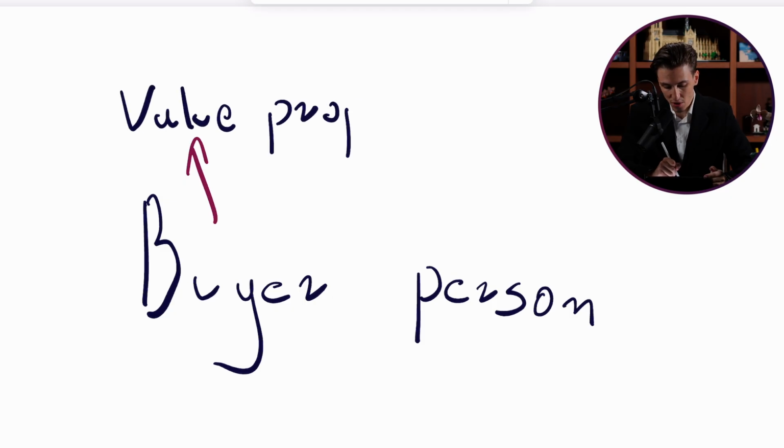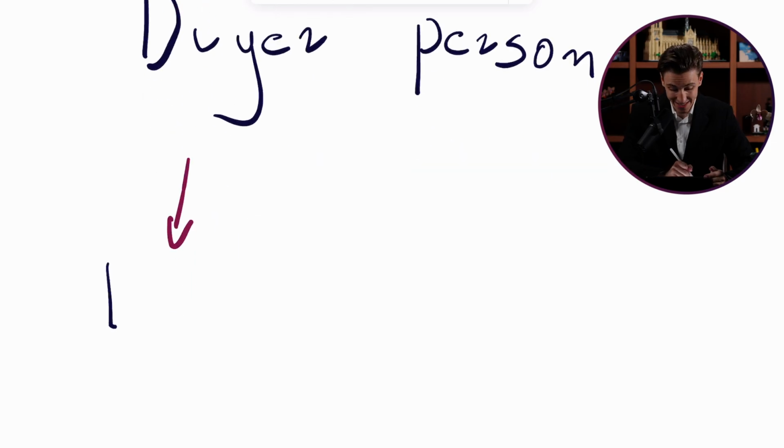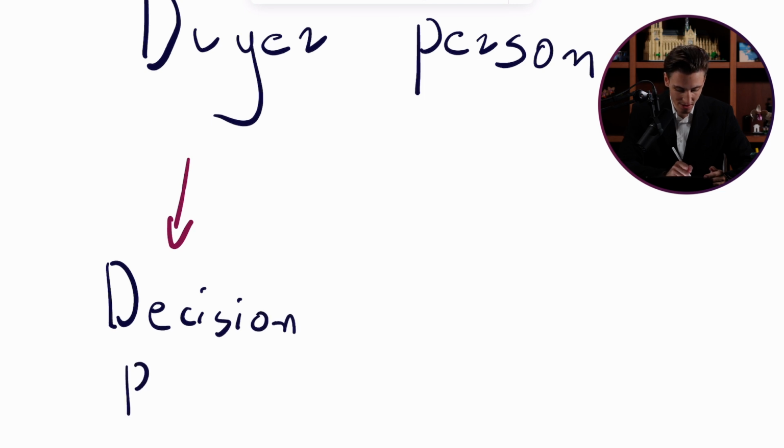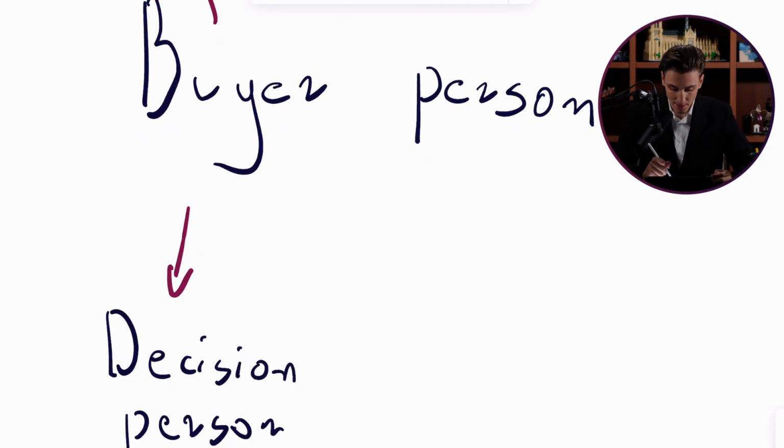We have a decision person, and this is gonna be a topic of our next video. I'm gonna do this very quickly because I don't want you to be waiting until we get onto the topic of segmentation.